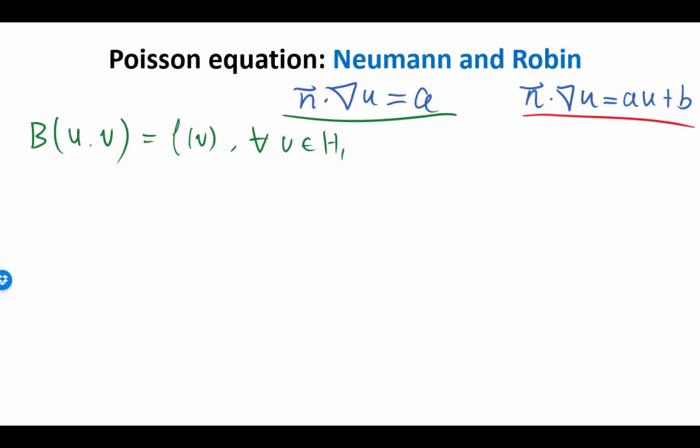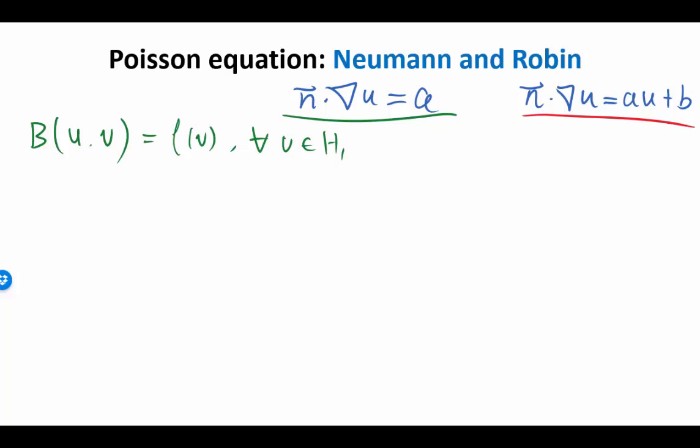The function used to test orthogonality, where the residual has to be orthogonal, is called the test function, that is V, and U is the trial function. It's called the trial function because I'm trying a solution with that function, and that is a surrogate for the solution. So U is the trial function, V is the test function that tests the orthogonality.